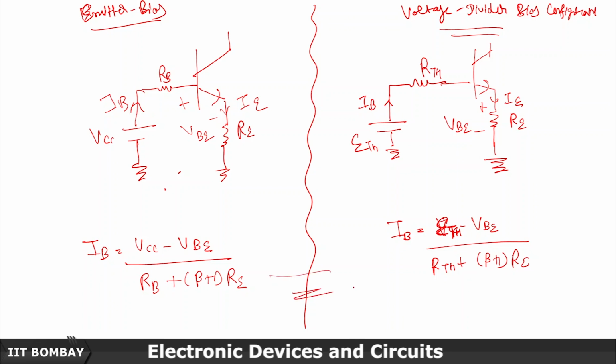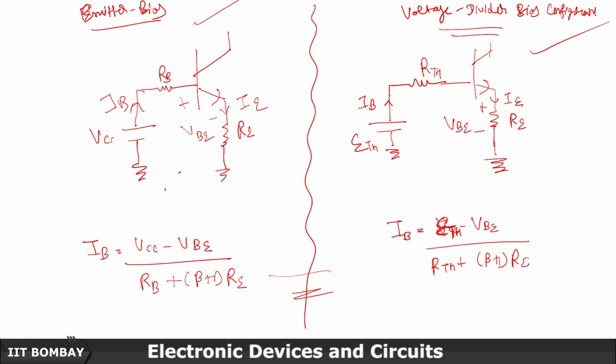So, if you compare both of these, more or less they look same, right. But then one can ask, what is the objective of this voltage divider bias compared to the emitter bias. For that we need to go back to the circuit diagram and figure out what makes this voltage divider bias configuration more stable than the emitter bias configuration.